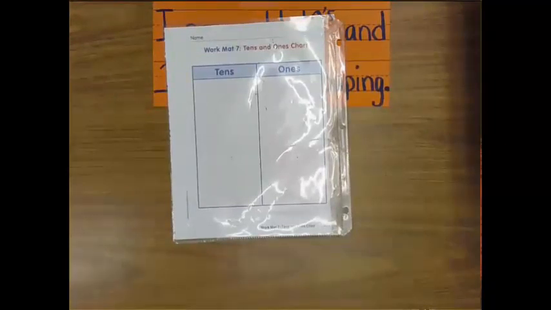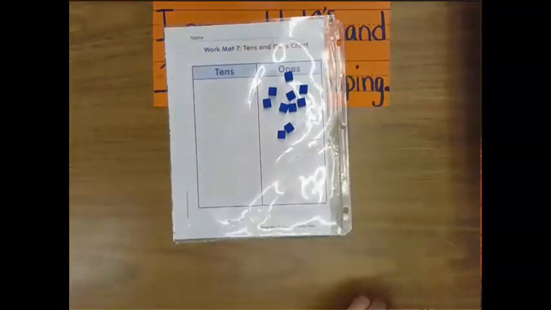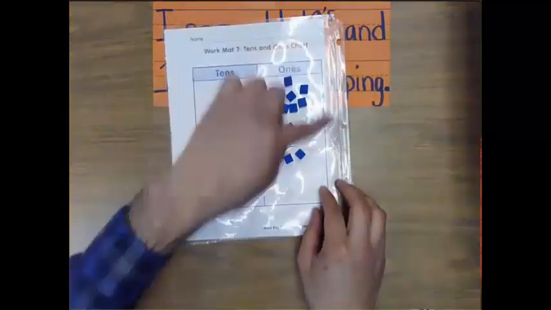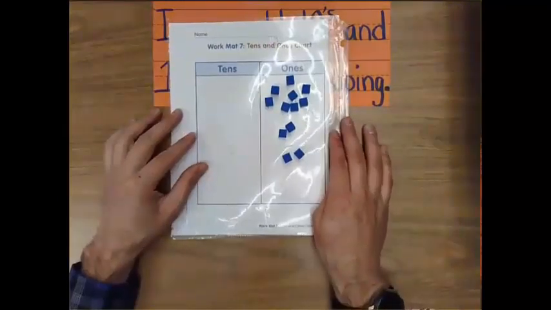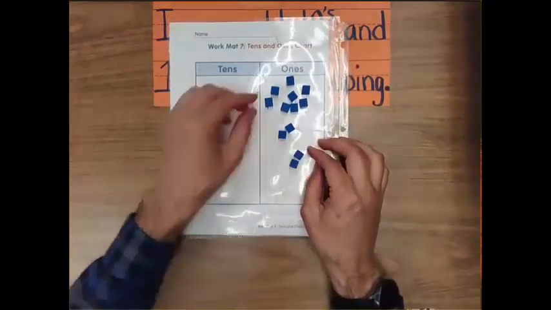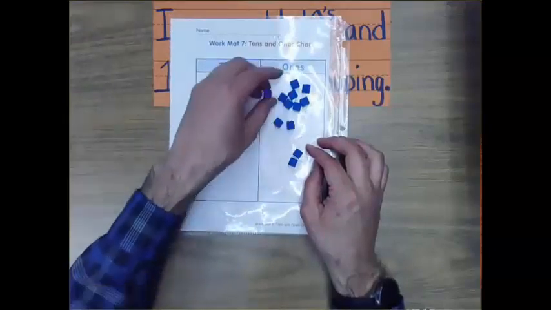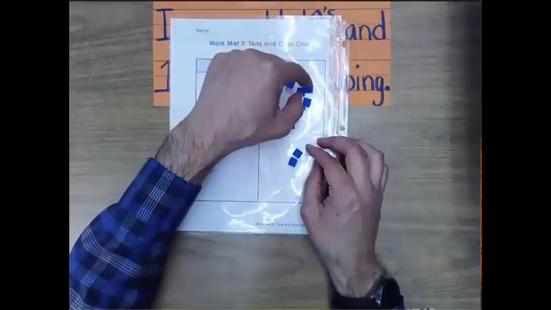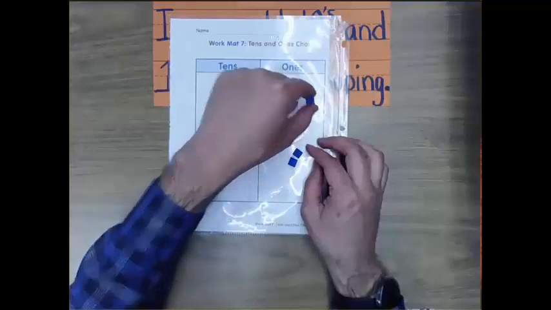So, for example, if I have some blocks, let's say I have 12 blocks, right? So I have 12 ones right here. When we're working with our place value chart, if we have 10 blocks, then we could group together 10. So we could say 1, 2, 3, 4, 5, 6, 7, 8, 9, 10.